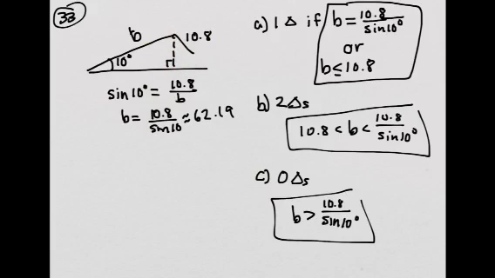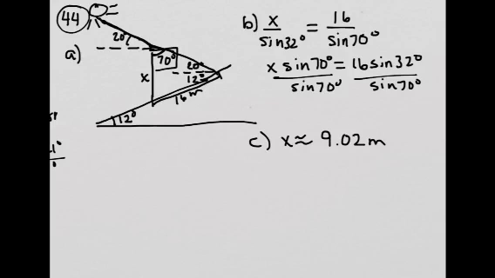So if b is any bigger than this, then 10.8 will not reach the base. So if b is bigger than this ratio, then you get no triangles. For 2 triangles, b has to be bigger than 10.8, but not so big that it creates no triangles. That's why you have b in between 10.8 and this ratio.